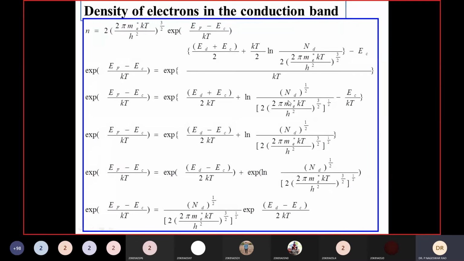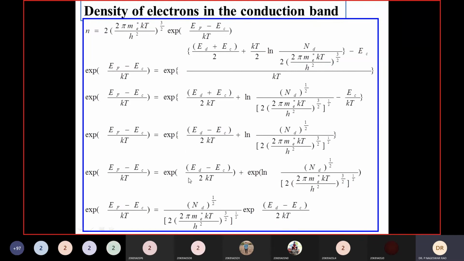From these two terms, (ED plus EC) by 2kT minus EC by kT, if you simplify, we get (ED minus EC) by 2kT. Previously the exponential was applied to the whole; now we apply the exponential individually.